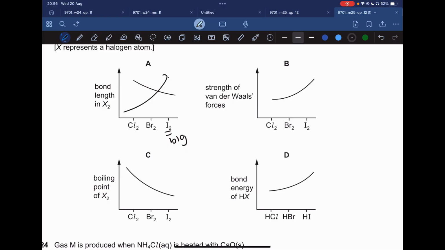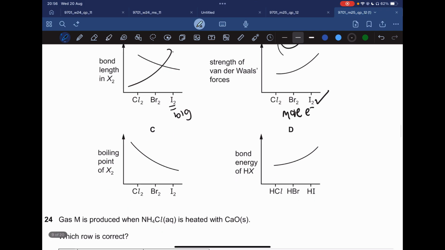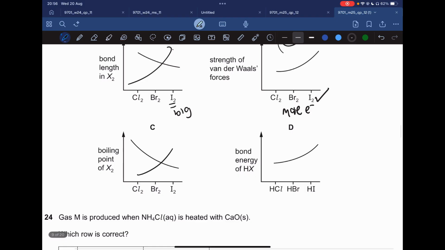Okay, van der Waals, this is correct because we have more electrons. Boiling point, no, it's not correct. It's the opposite. Boiling point increases, yes, because these become solid. And then the bond energy also decreases.